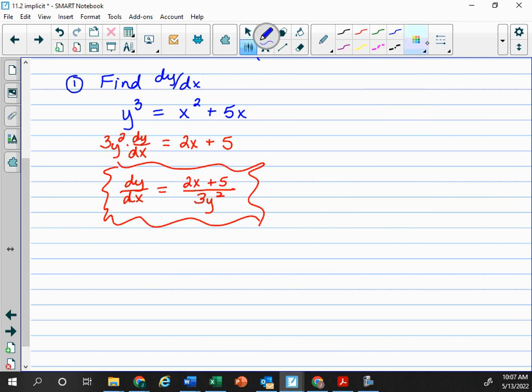Let's try again. All right, let's say this time we have y cubed minus 2y plus x cubed equals x squared plus 2.